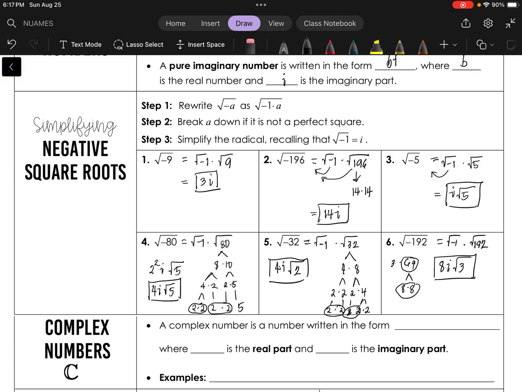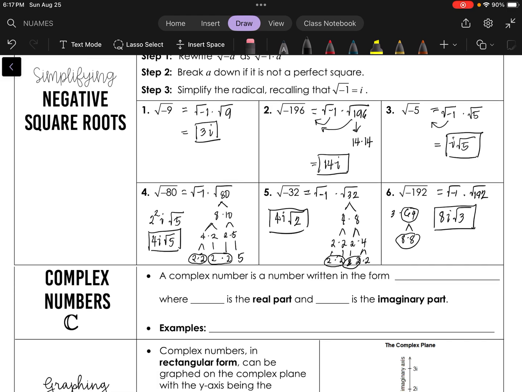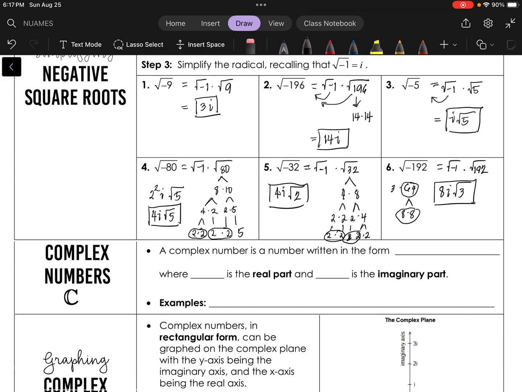Again, the examples I've shared here are simplifying your basic radicals, and you are ending up with imaginary numbers. Based on the set of numbers we discussed on the first few days, the imaginary number was originally coming from a complex number. If you remember the form of the complex number, that is a plus or minus bi, right?